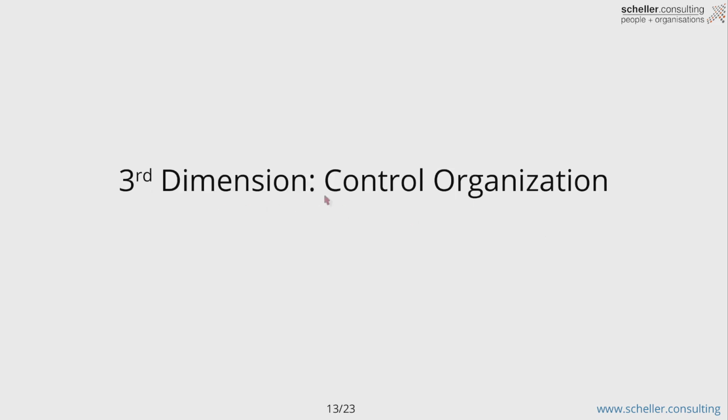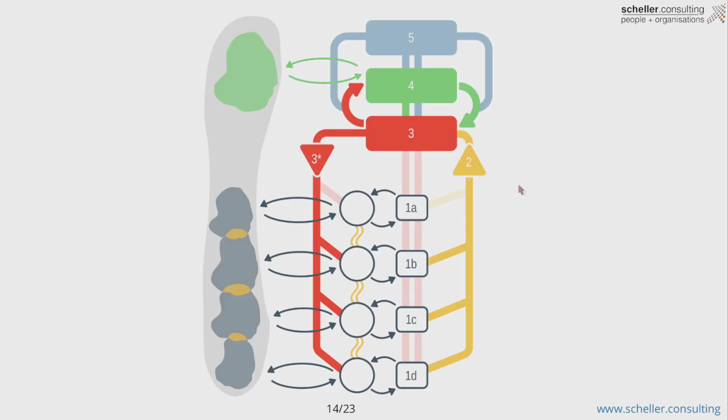The third dimension is the control organization. It could look like this. So we have 4 or 5 functions, and these 5 functions need to be connected and need to be aligned to control and to manage the whole organization.